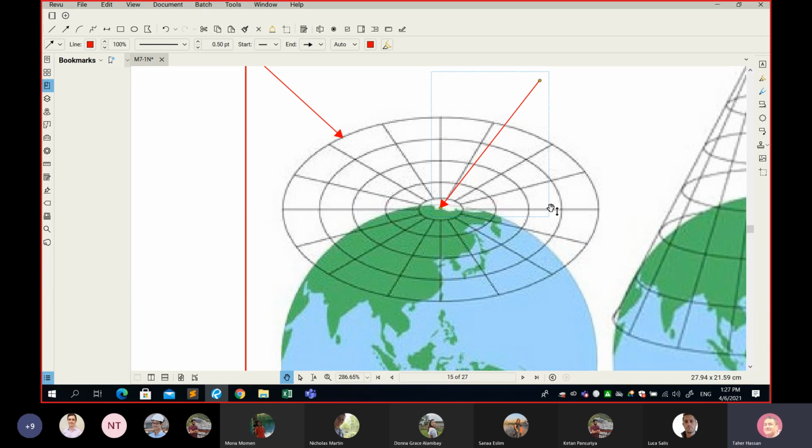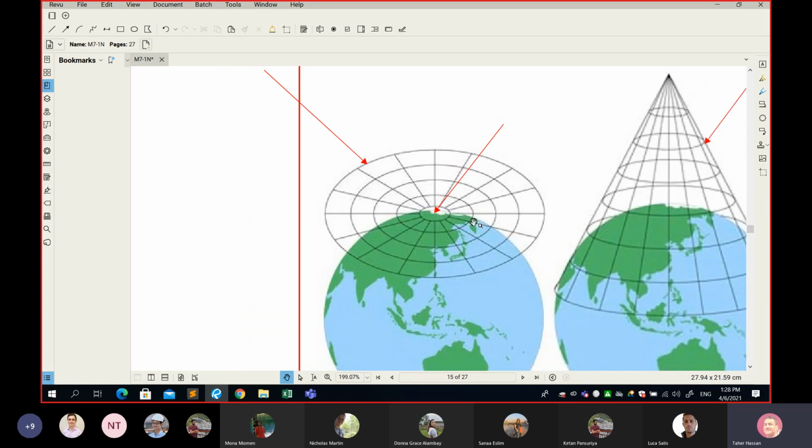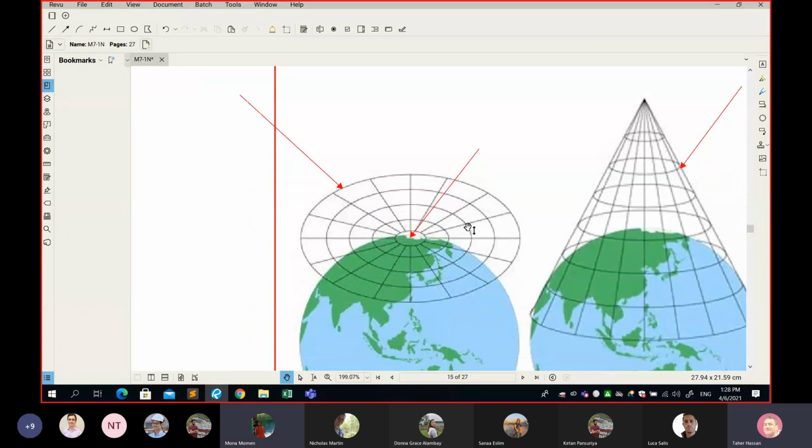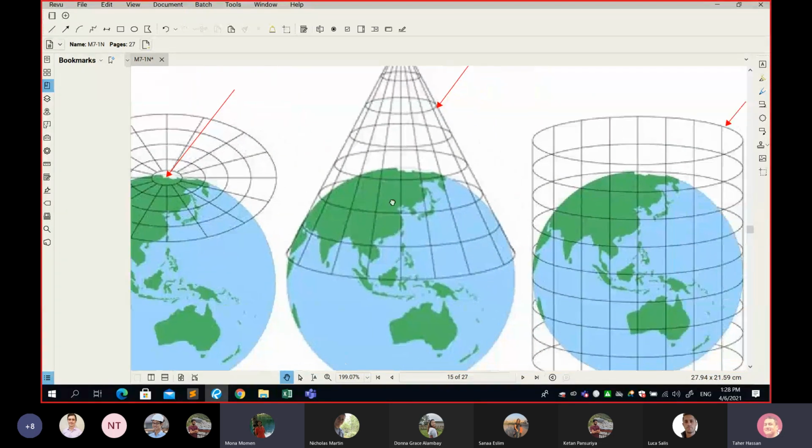It means k is equal to 1. Because k equals 1, there's no distortion at our spot. Okay, perfect. Now let's go to the conical.